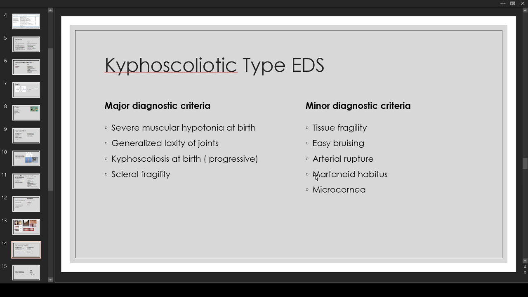Now, the kyphoscoliotic type of EDS. It has major and minor criteria, the major being severe muscular hypotonia at birth, generalized laxity of joints, kyphoscoliosis at birth that is going to be progressive until it is dealt with, and scleral fragility; the minor being tissue fragility, easy bruising, arterial rupture, or marfanoid habitus, and microcornea.